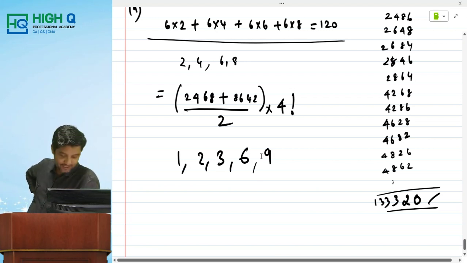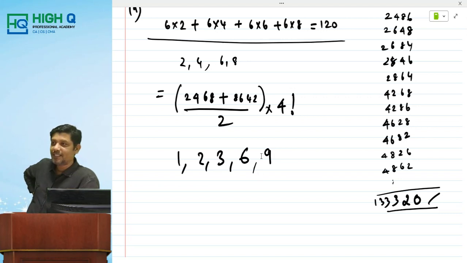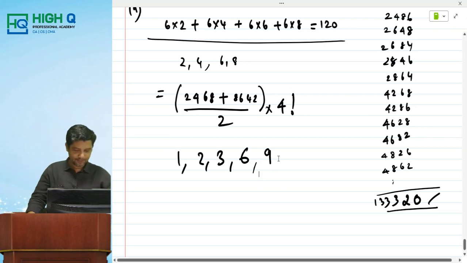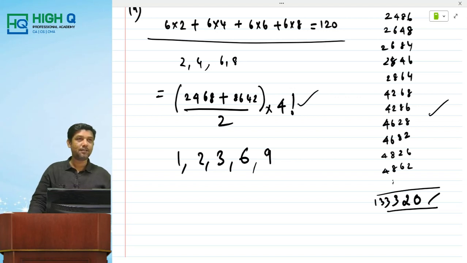What is the first digit? 1, 2, 3, 6, 9. What is the last digit? 9, 6, 3, 2, 1. Divided by 2 into 5 factorial. So you are getting it, that's enough, over. So which method would you like to follow? This method or this method? For this method you will not do this, right?